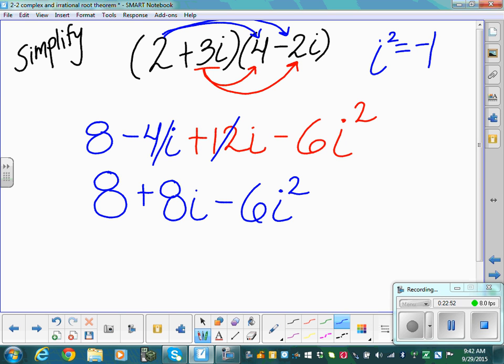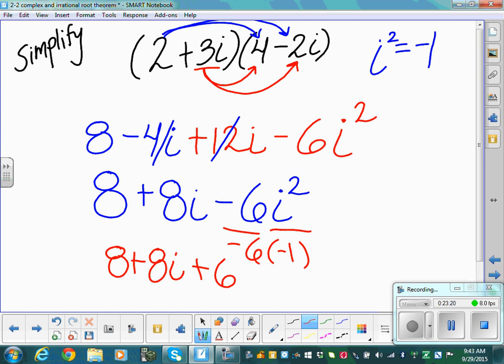Right? So right here, guys, pay attention to the details. This is negative 6 times i squared, yes? So what we truly have is negative 6 times negative 1. So what we're going to have is 8 plus 8i, and then negative 6 times negative 1, which is positive 6.